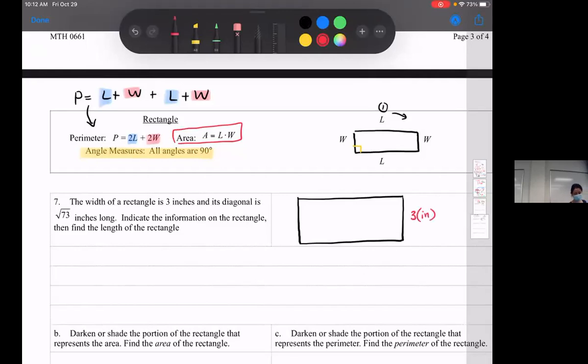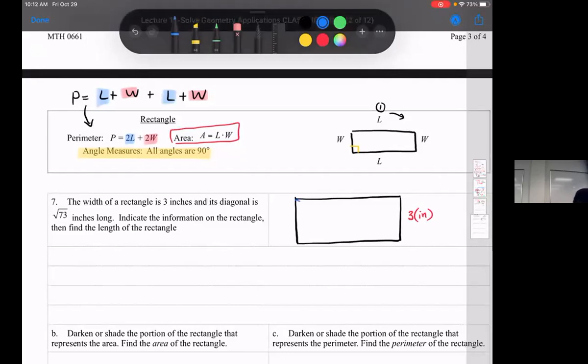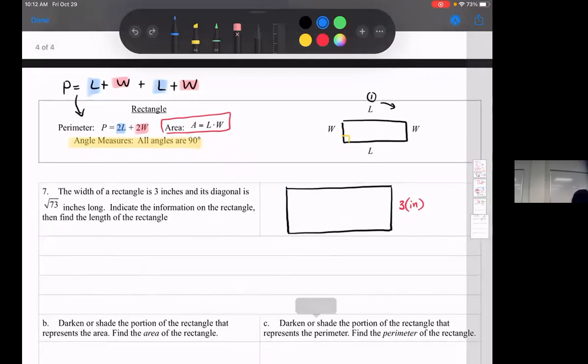The diagonal is square root of 73. I'm going to do the diagonal in blue. It's supposed to be a straight line, sorry, it makes it look like a curve. Square root of 73. Okay. All right.